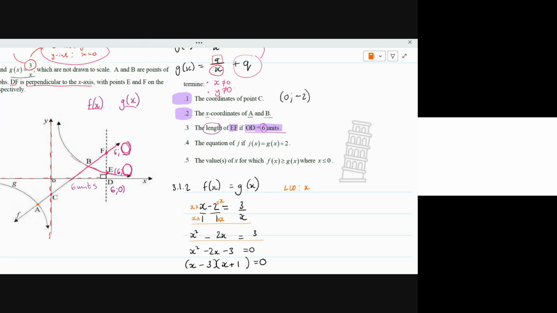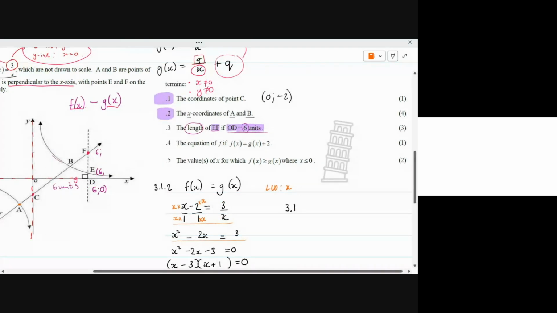So basically what they're saying is take the y value of the straight line, which is f of x, and minus the y value of the hyperbola, which is g of x. So we're going to say f of x minus g of x. And this is the hard part about interpreting graphs. It is quite difficult. So I want us to put the equation together. I'm going to put it over here, 3.1.3. I'm going to take f of x, and I'm going to minus g of x.